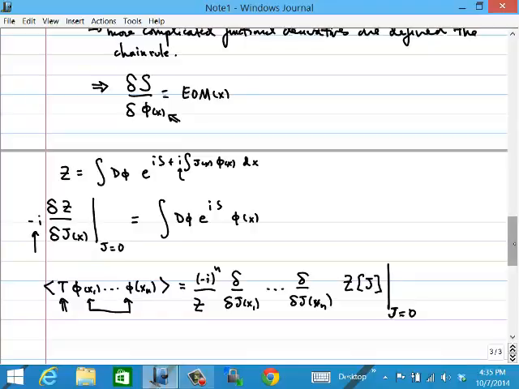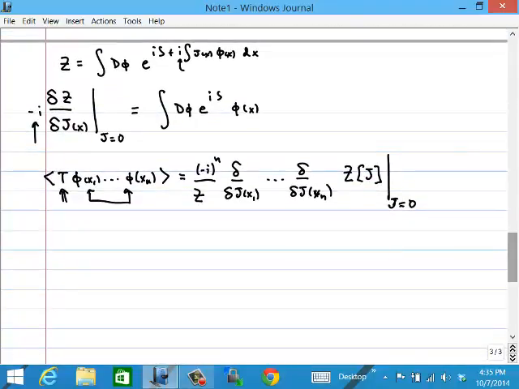Okay, so let's go ahead and compute this guy. So first, let's consider the example of free quantum field theory. So the basic idea is actually very straightforward. The basic idea is the following.